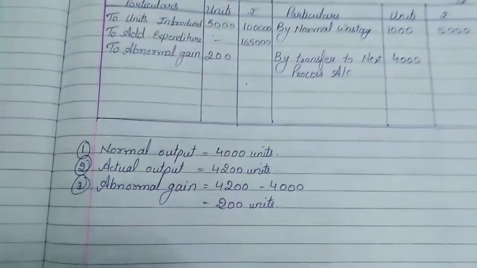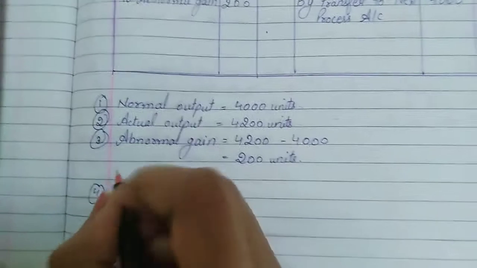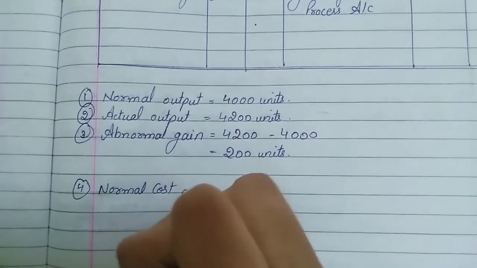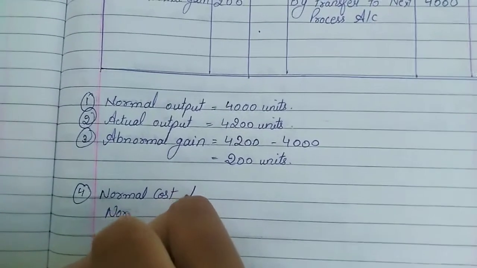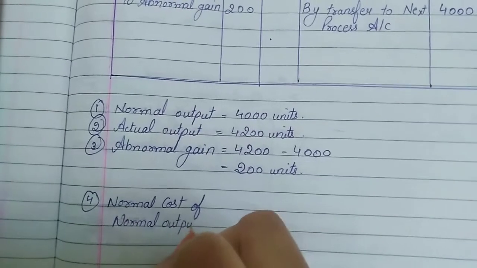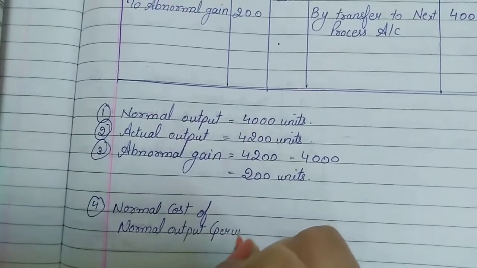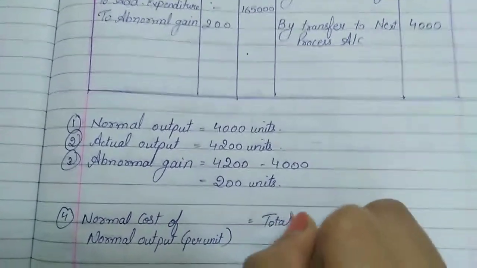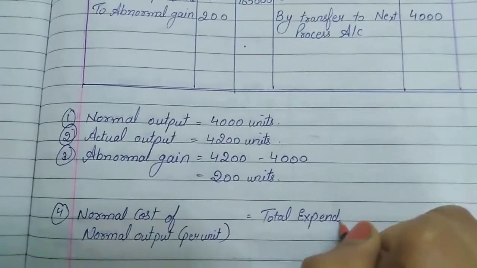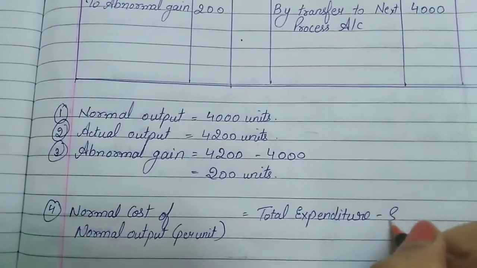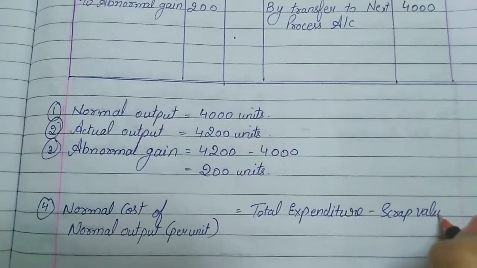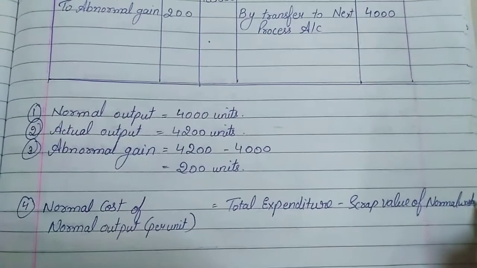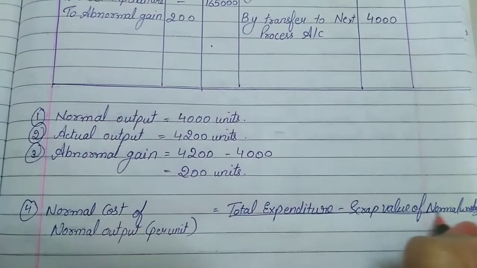So fourth, normal cost of normal output equals to total expenditure minus scrap value of normal wastage divide by normal output.